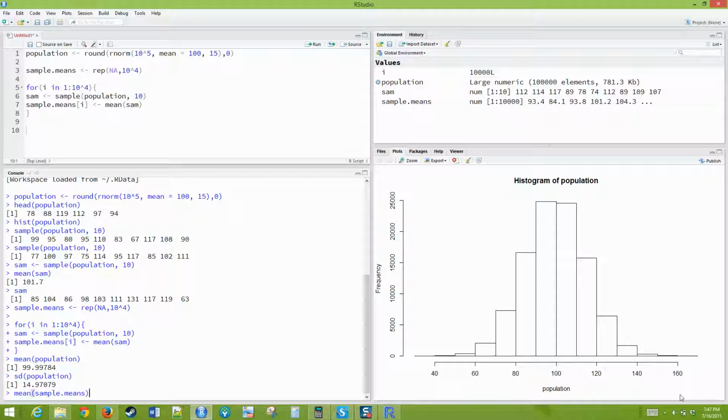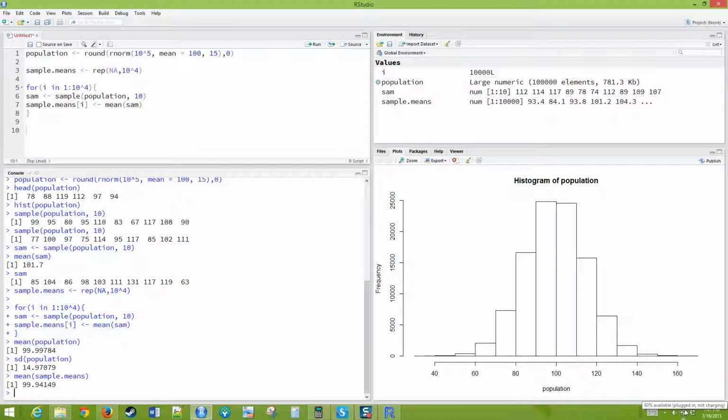What do you think the mean of all of those numbers is going to be? Well, let's see. The mean of the population is practically 100, 99.9978. The mean of the sample means is also very, very close, 99.94.